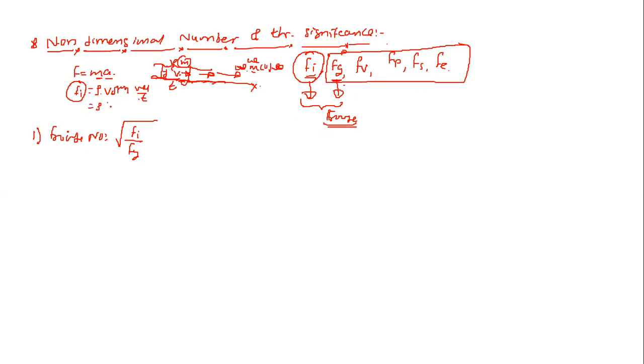So density into the discharge into the velocity, and discharge is nothing but again area into velocity. So density into the area into the square of the velocity, that is rho A V square. So I would like to go for the inertia force as rho A V square, where A is the area of the fluid, rho is the density of the flowing fluid, and V is the average velocity of the flowing fluid.